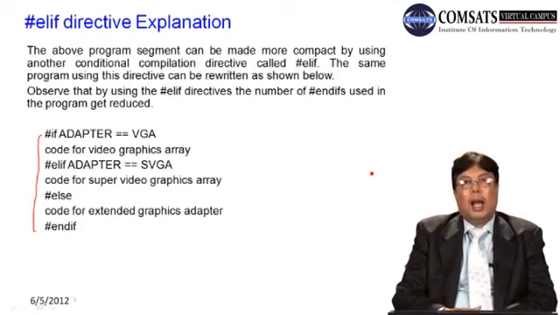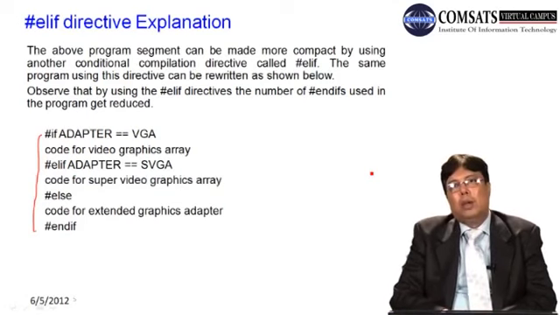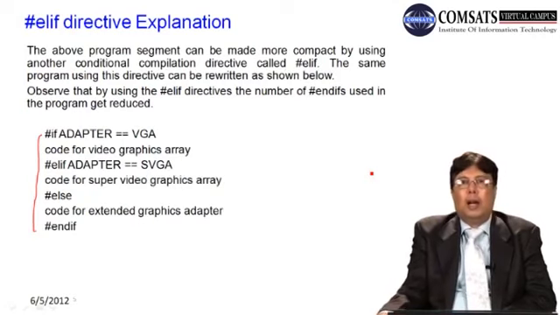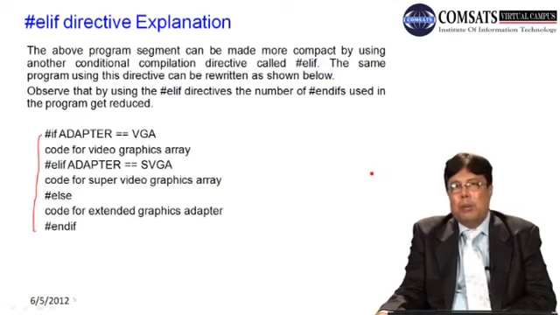So this elif, which is equivalent to else if, is facilitating you to write very compact code, and that code will tell the compiler which part of the code you want compiled, and this is done by the preprocessor.